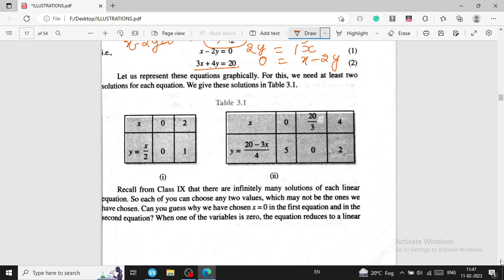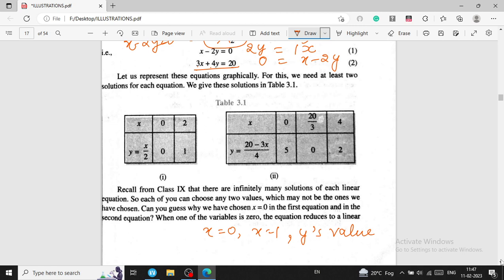To draw any graph, you can choose only two numbers, x is equal to 0 and x is equal to 1, and find the y values. It's an easy method. Otherwise you can choose those values of x which, when substituted in the equation, give a round figure for y. You can also use that.